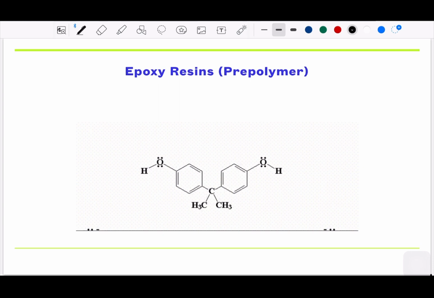So usually we are going to have a two-component system. As you can see, we have this pre-polymer, or we call it the resin, and the other part is the hardener. So we have the resin or the pre-polymer and hardener.